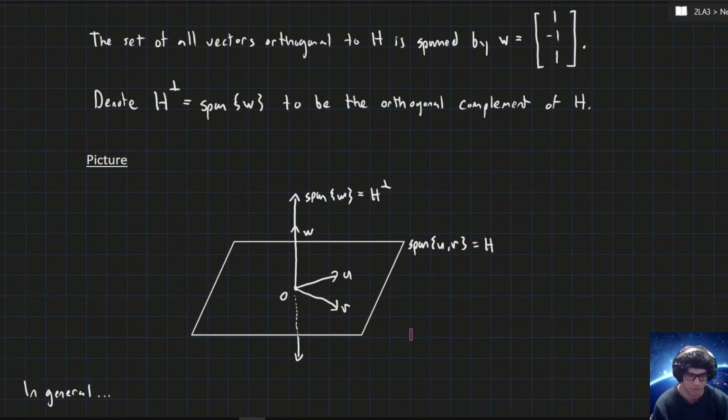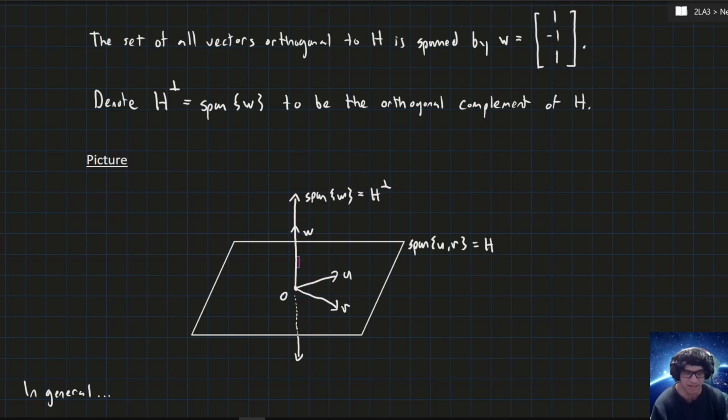Okay, so the plane here, so this is an R3, right? The plane here is the span of U and V, and that's going to be H, our subspace. And we're trying to compute its orthogonal complement, H perpendicular. Okay.